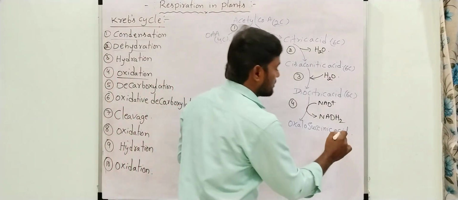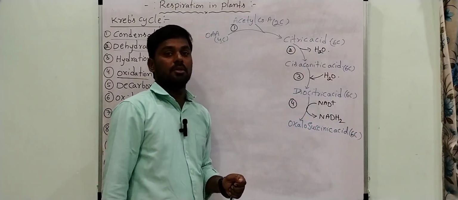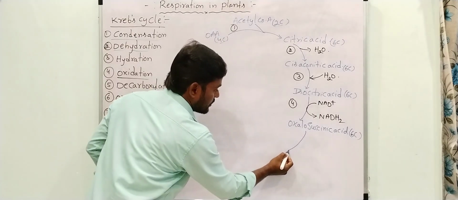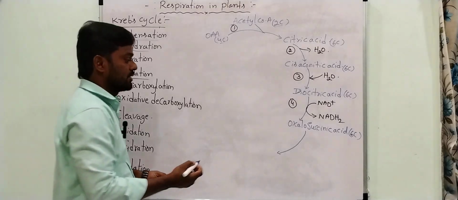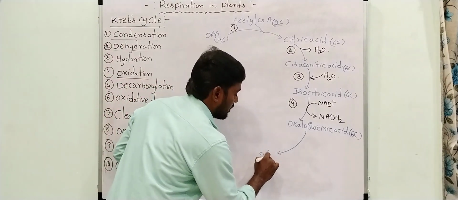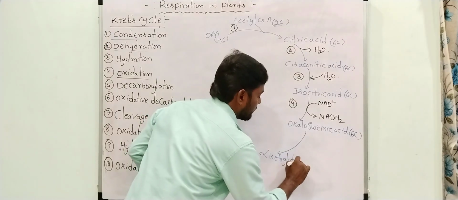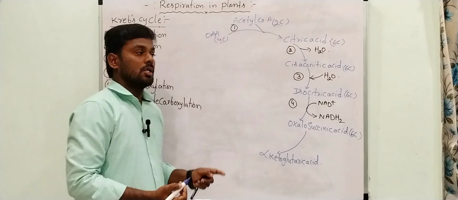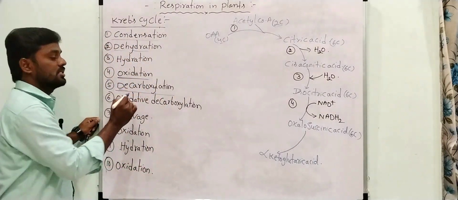And how many carbons are there? Oxalosuccinic acid is also a 6 carbon compound. Now, oxalosuccinic acid undergoes the fifth reaction. What is it? Decarboxylation to form alpha ketoglutaric acid. We already know decarboxylation. D means remove.